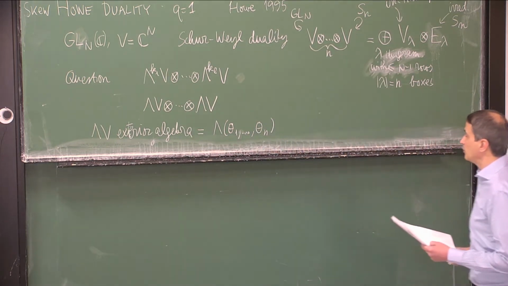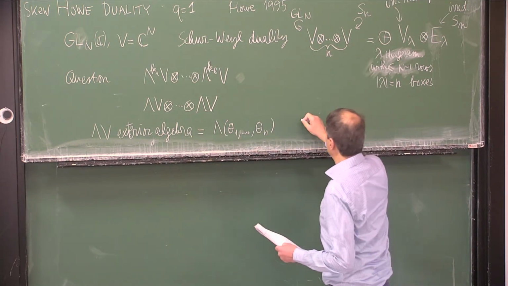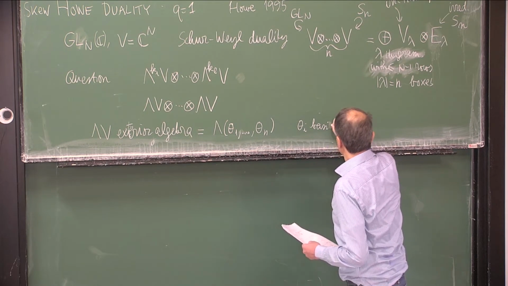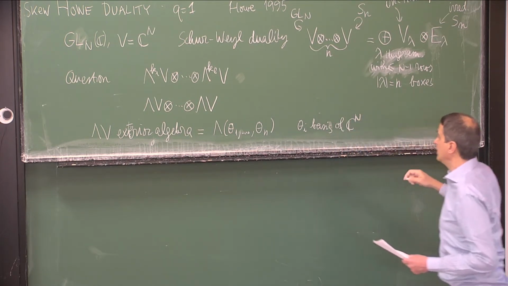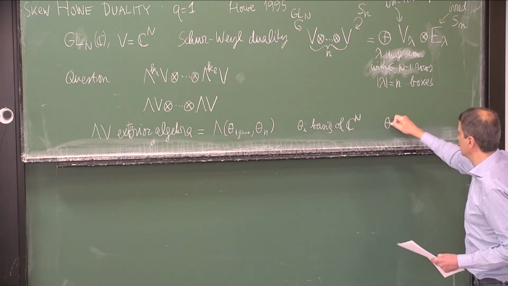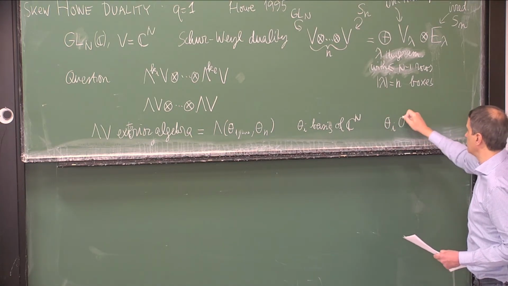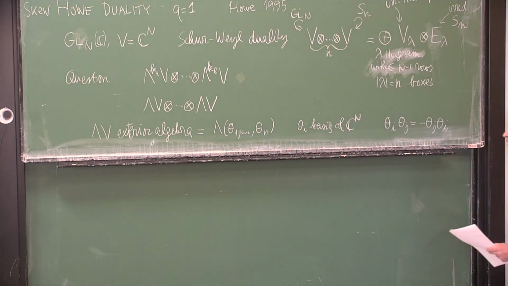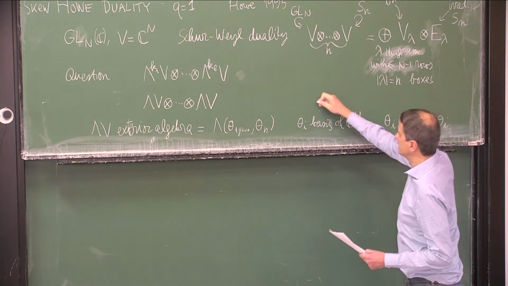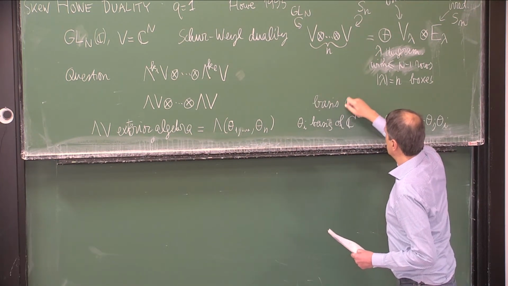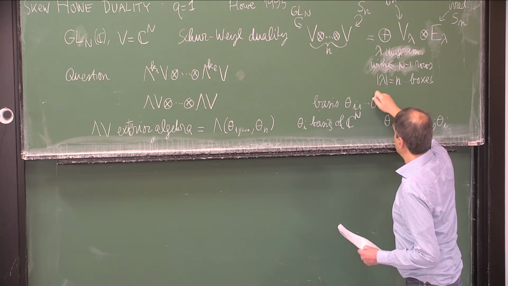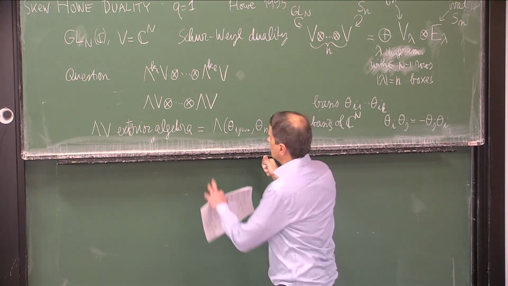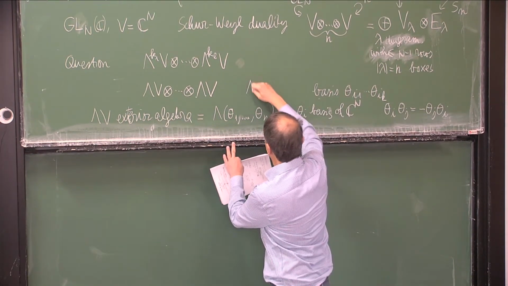So these theta 1 up to theta n are a basis of C^n, and so you take polynomials in this, but modulo skew-symmetric polynomials, so you obey this kind of relations. So you have a basis which is theta i1, up to theta ik. And this is a direct sum over the degree of the polynomial.